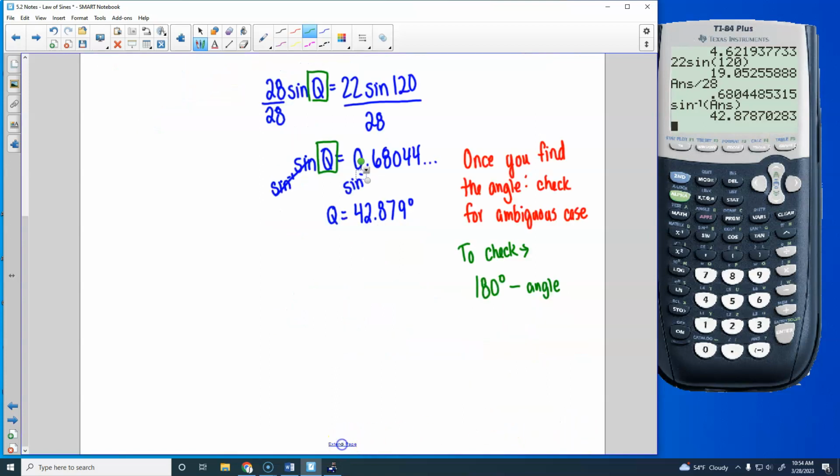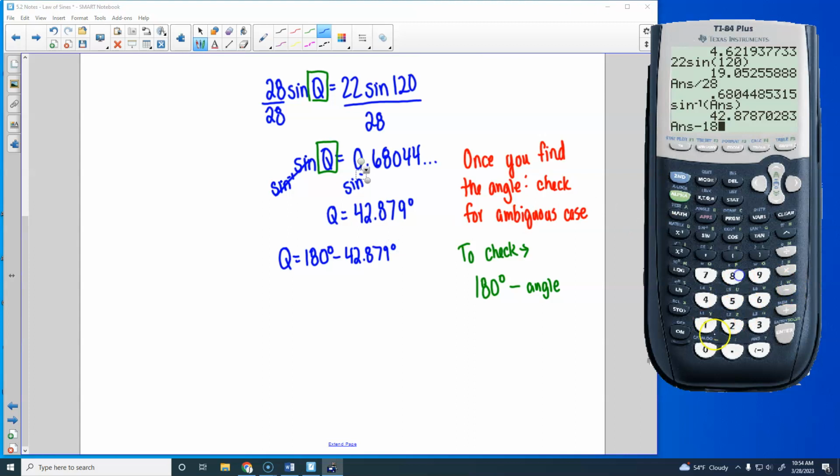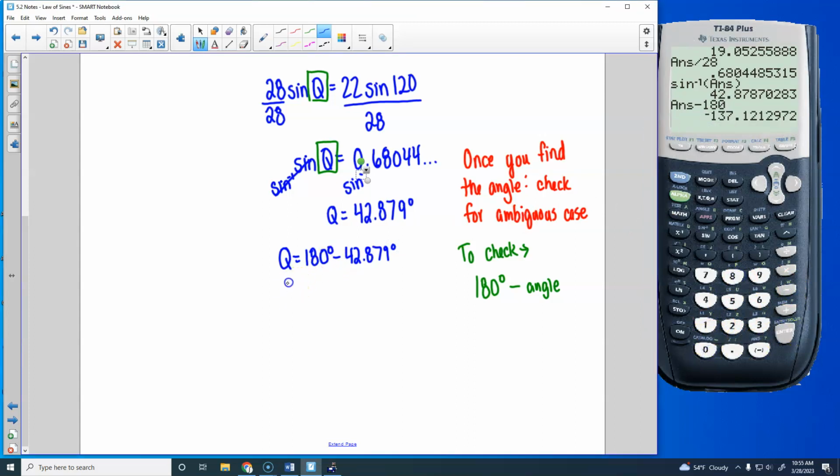All right, so for this particular one, that means we're going to do 180 minus 42.879 degrees. So it is going to give you 137.121 degrees.